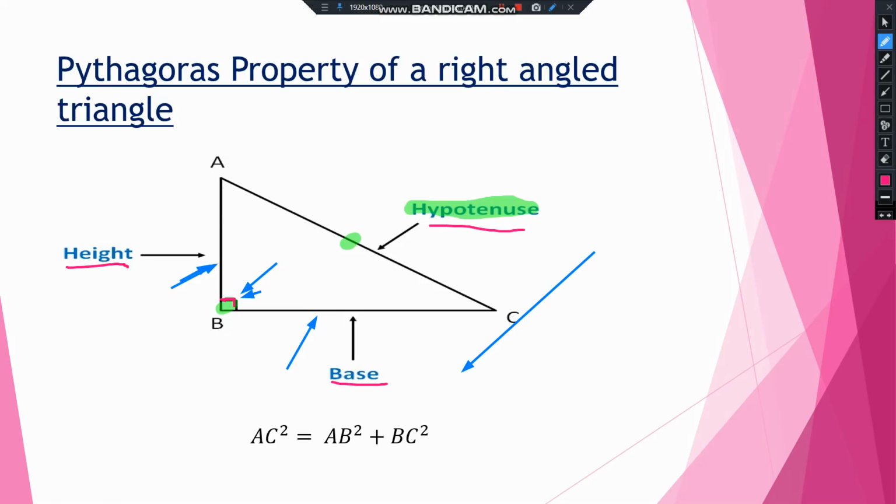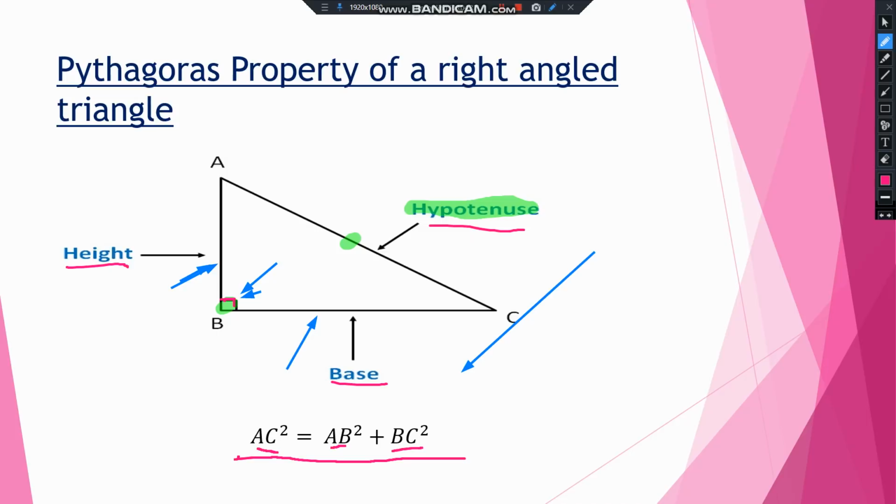So Pythagoras property of the triangle says that square of the longest side, that is square of hypotenuse, is equal to square of the other two sides, their sum. So AC square, the hypotenuse here, AC square equal to AB square plus BC square.